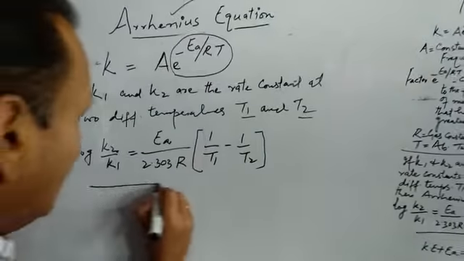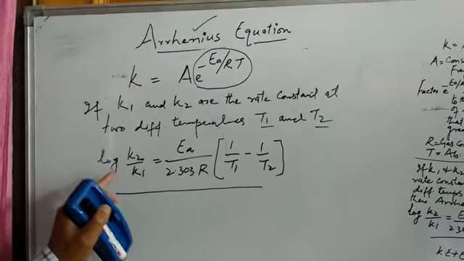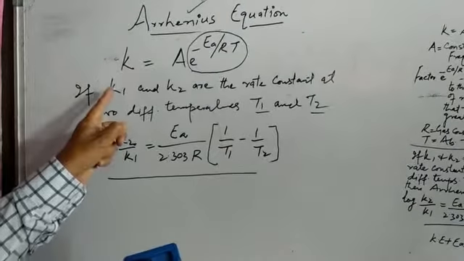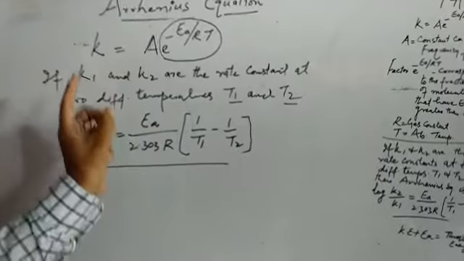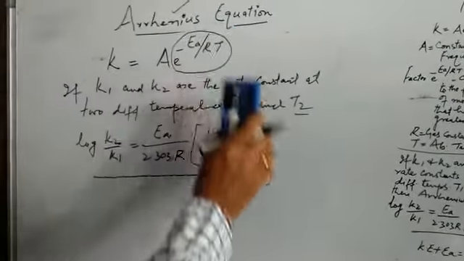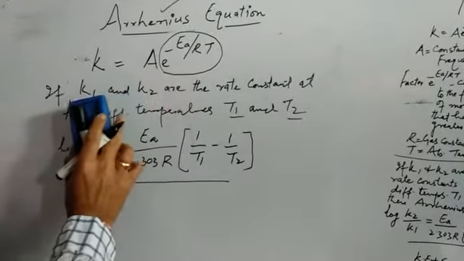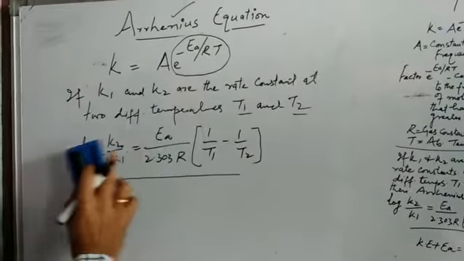This is again the Arrhenius equation. This equation is used when we have K1 and K2 as rate constants at two different temperatures, T1 and T2.